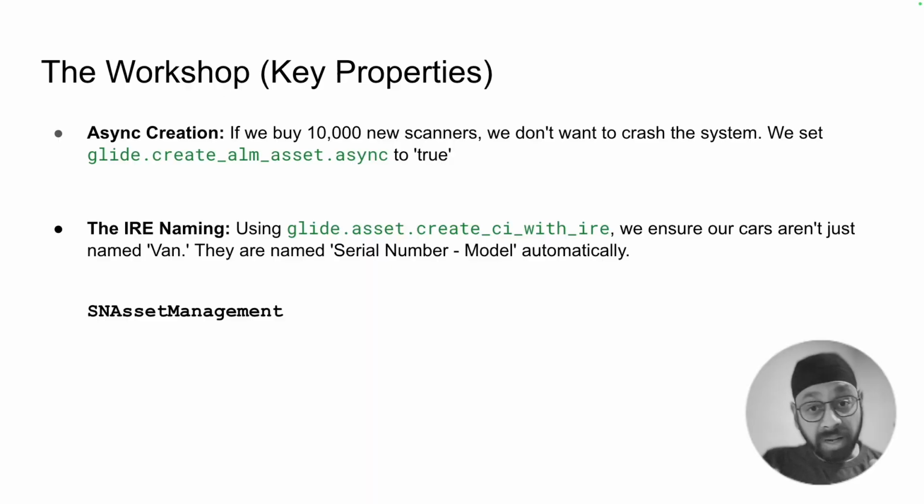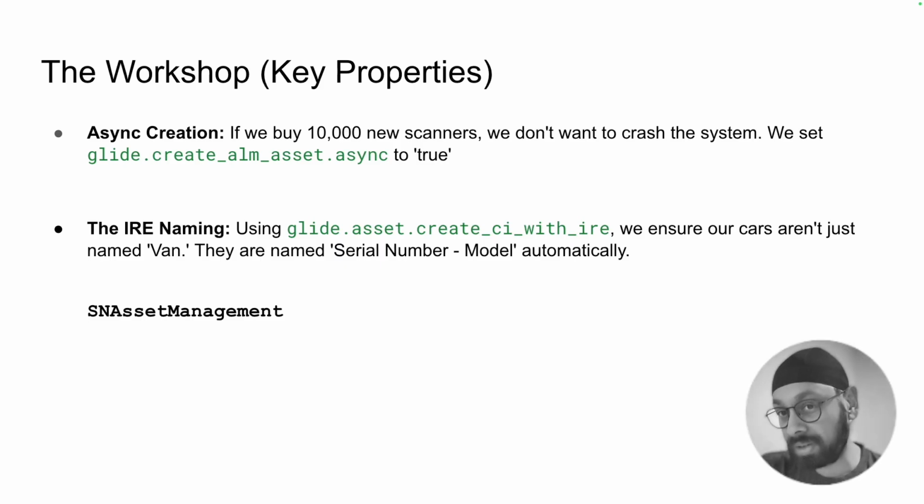All right, so there are a few key properties, I would call them hidden properties, within asset sync creation and IRE. The first one, for example: we buy thousands of new scanners and we submit all the assets all of a sudden. We don't want to crash the system, because at the moment when you create, if this property glide ALM asset is false, what will happen?